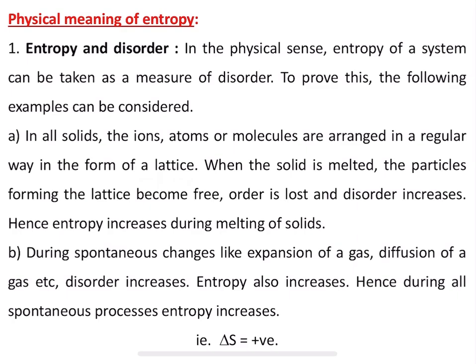They are arranged in a regular way in the form of a lattice. When the solid is melted, that is when ice melts, the particles forming the lattice become free. That means all the molecules, hydrogen and oxygen, get separated, or they become free.